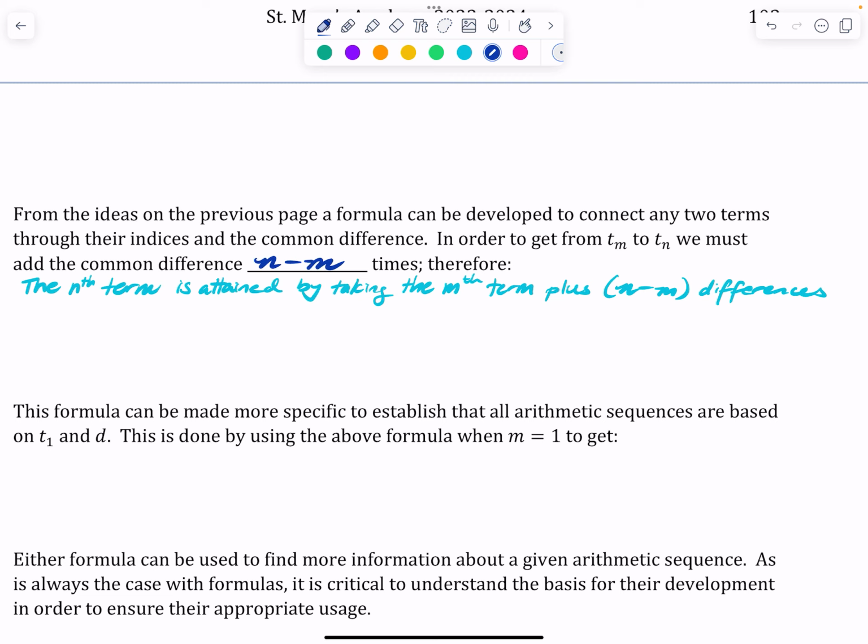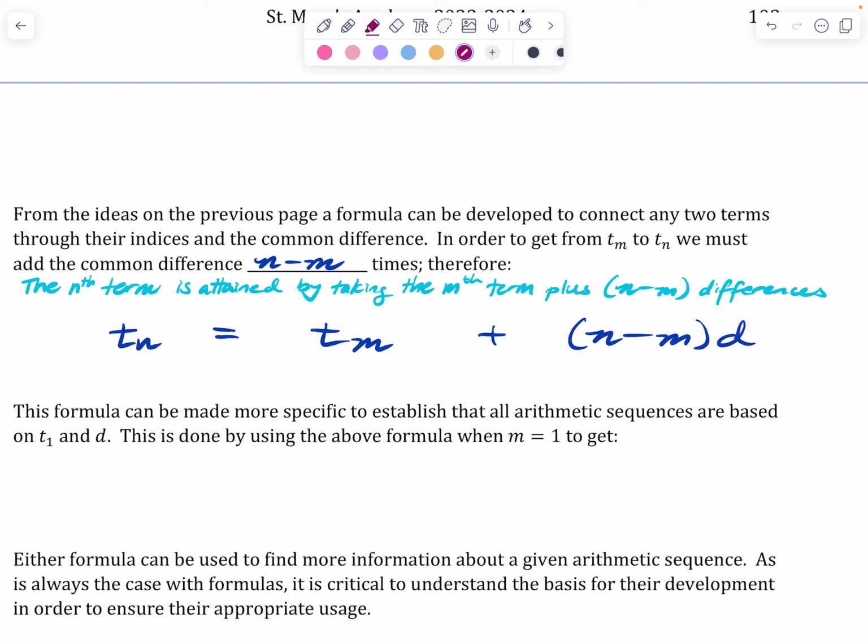That formula says the nth term is attained by taking the mth term and adding n minus m differences.